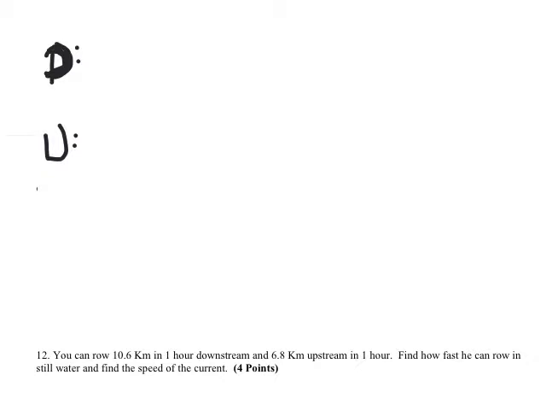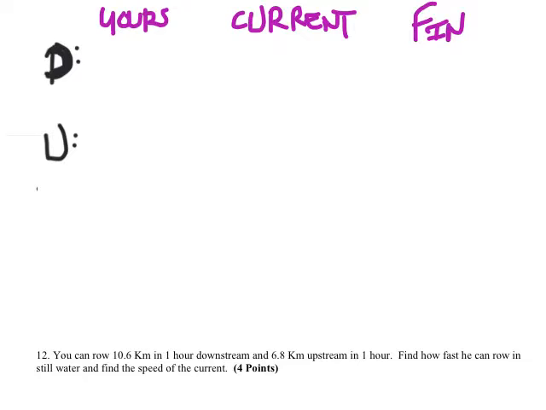And what we need to compare is your speed against the current. So we'll write those out. You have yours and the current. And then what would happen is that you'd have your final speed, okay? So when I say your speed, I'm really talking about your speed in still water there, all right?